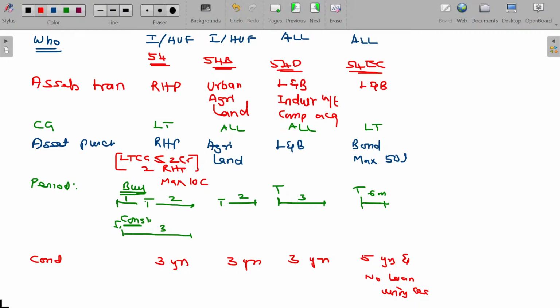So now you can easily remember EC represents share, like bond. Okay, 54, 54B, 54D, 54EC. The period within which you have to invest in case of 54EC is very short. Within 6 months you can invest. Is that clear? Hope now you'll be able to understand.